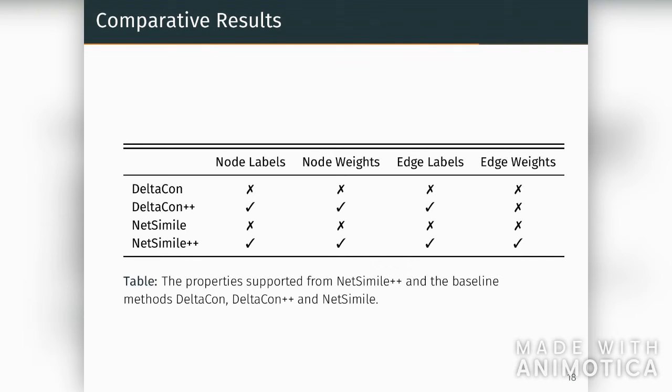The table on the screen demonstrates the properties supported by NetSimile++ itself and the baseline methods used. As you can observe, only NetSimile++ supports all the properties. The experiments were applied to both of the datasets and covered 4 different aspects: structure, weight, labels, and weights and labels. Each experiment was repeated exactly 5 times in order to compute the standard deviation of the results.